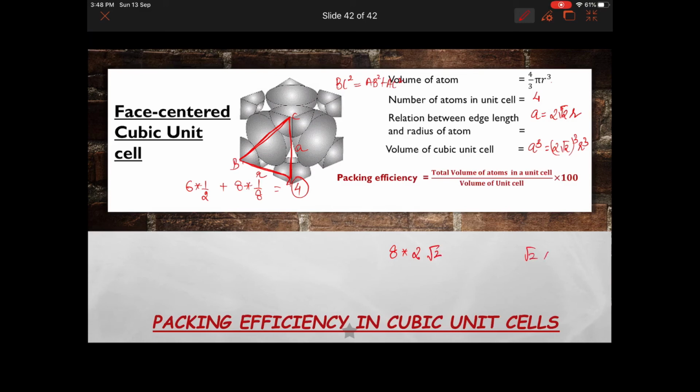Root 2 का cube is root 2 into root 2 into root 2, for our special students who do not understand how to open up the powers.